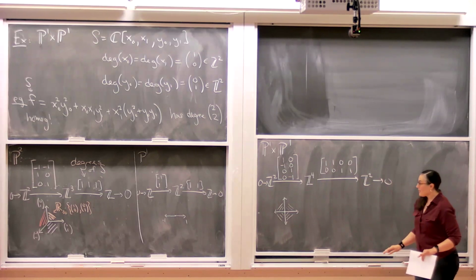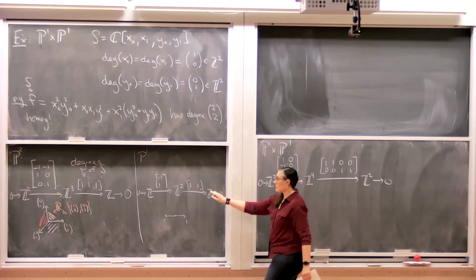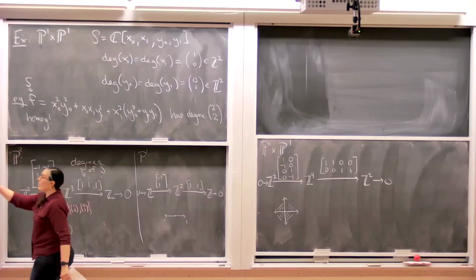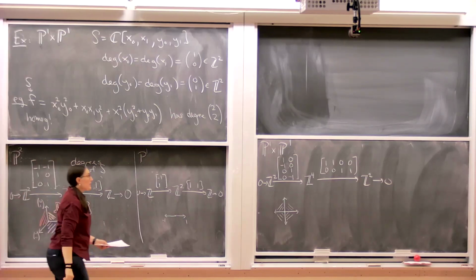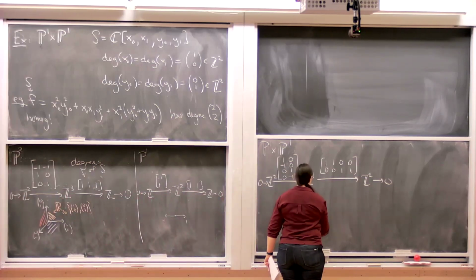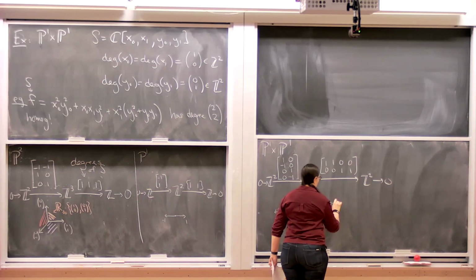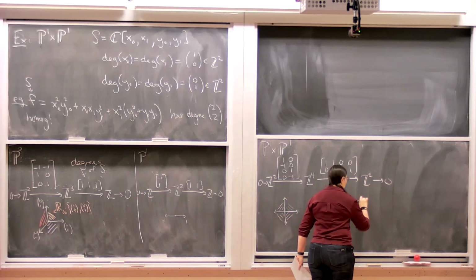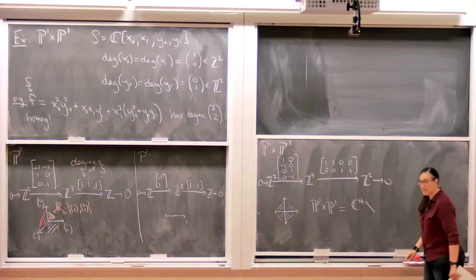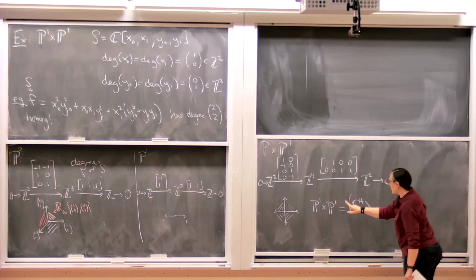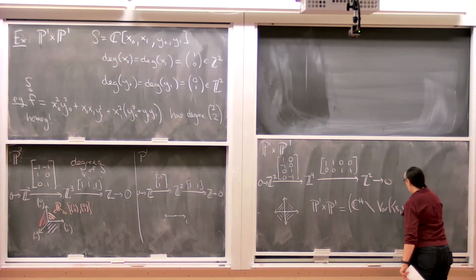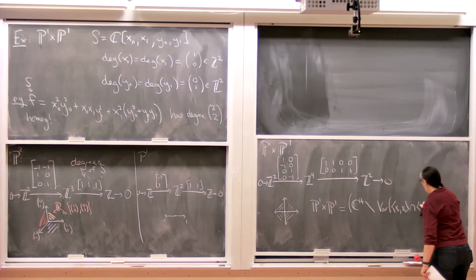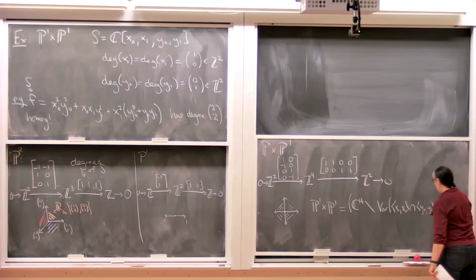Let me remind you now, right? This matrix is telling us what our action was that we quotiented by. So here, same thing. So now I can think about P1 cross P1 as taking C4 and removing something. I need to remove the origin from the 2 different C2s. So what is that? It's going to be the variety of where the X's are 0 and where the Y's are 0.